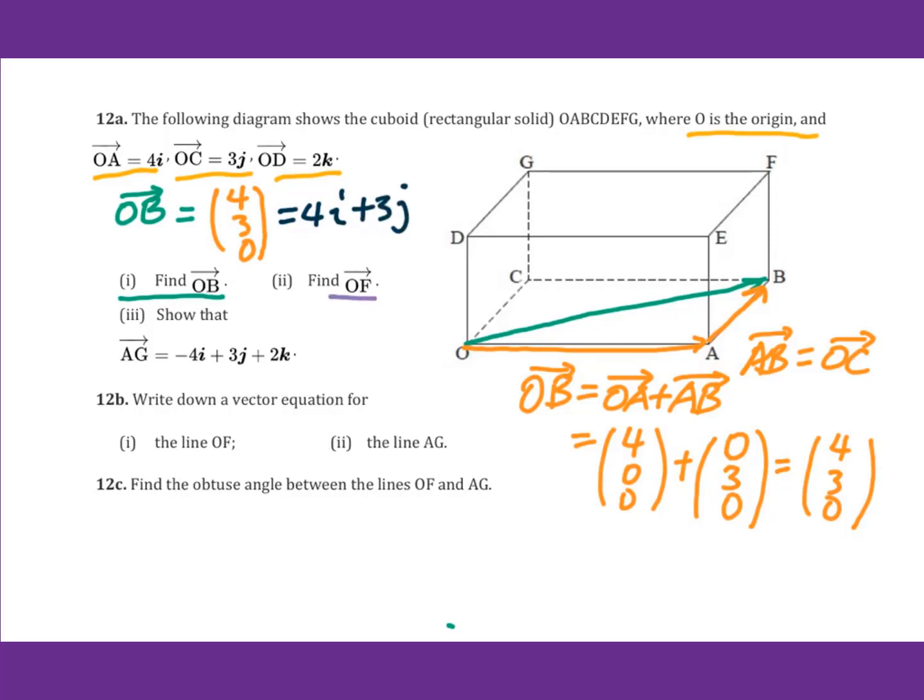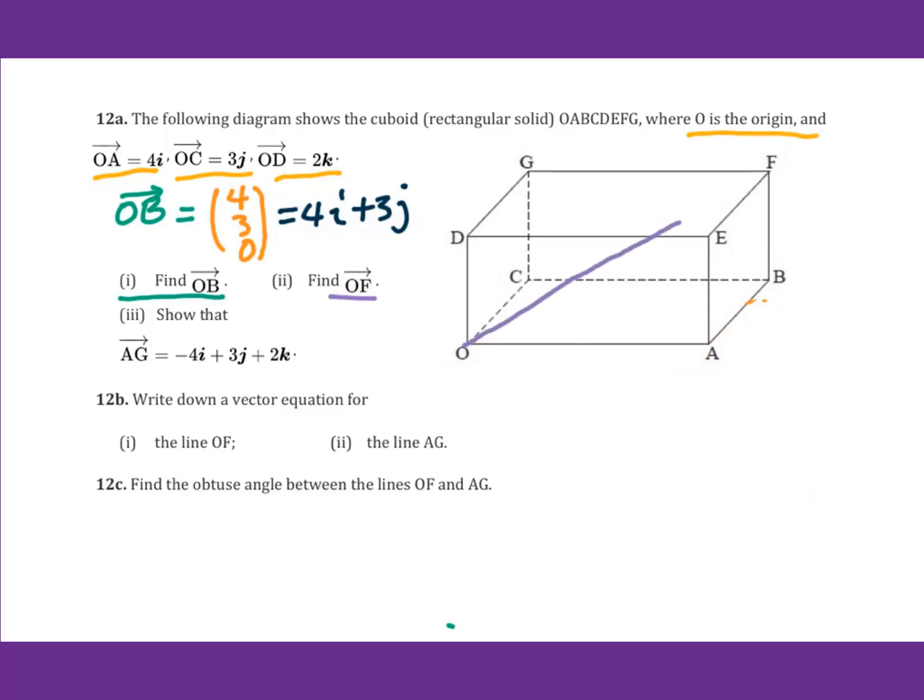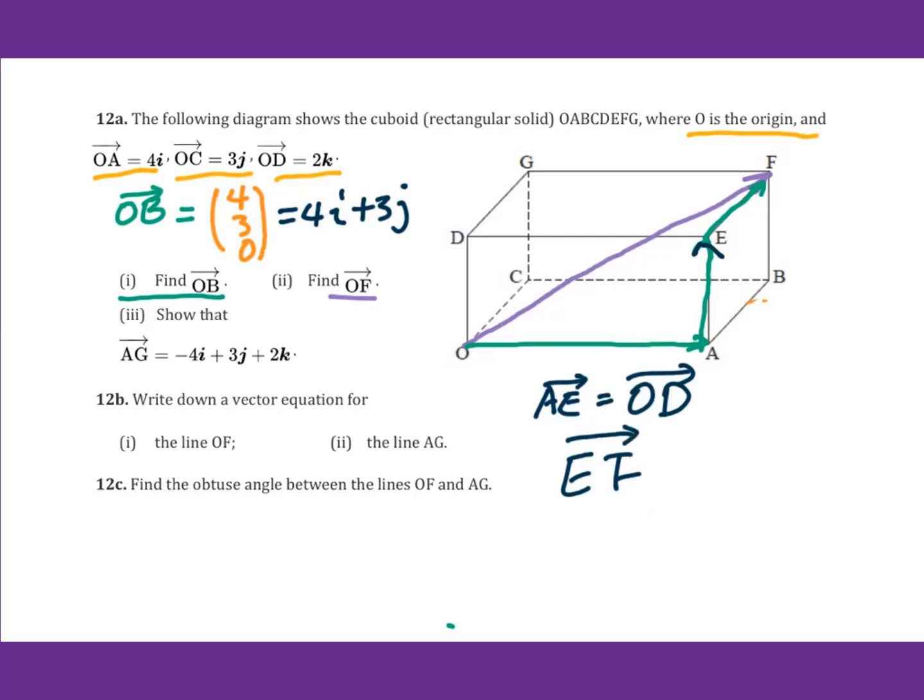Now let's go to OF. This is OF. Get a route from O to F. We do OA, then it's AE, then it's EF. AE equals OD, and EF basically equals AB equals OC.